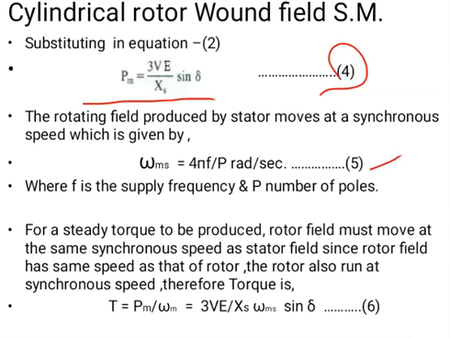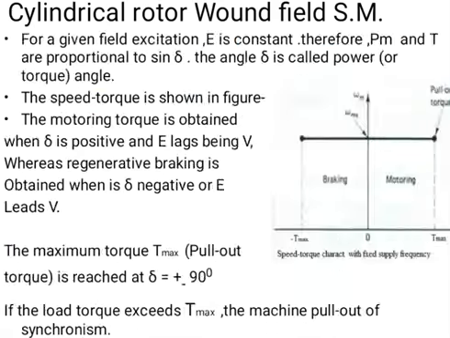Therefore, the formula for torque is T equals Pm upon omega m. Now we can write this formula as T = 3VE divided by Xs omega s sin delta. This is our sixth equation, so this is our torque equation.